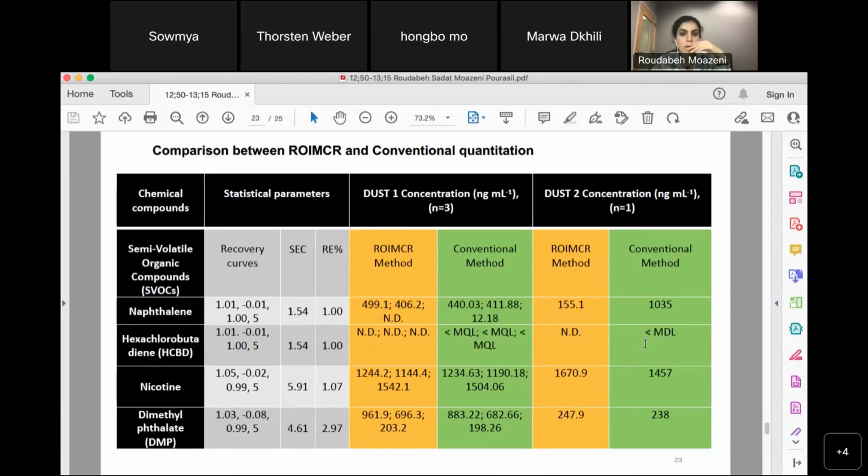In this table you can see the concentrations quantified by ROI MCR were very close to the conventional method, which proved that we can use the ROI MCR method for quantitation and also for chemical identification. Please go to the next slide.